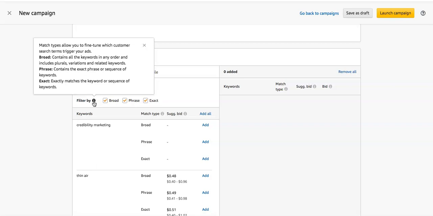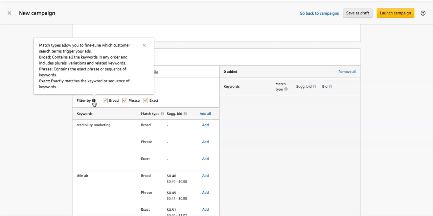That means if you choose to only call your keywords broad, then Amazon will pick and choose, and that means they might also show your book to someone who's looking at novel, steamy romance, because those are the same words, but they're in another order. Then you can also choose phrase match, which means it contains the exact phrase or sequence of keywords, and then exact match exactly matches the keyword or sequence of keywords.